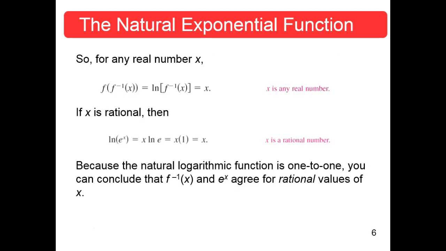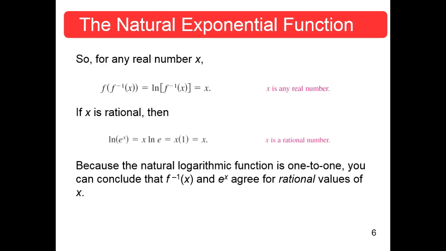So for any real number x, f of f inverse is equal to x. Now f was the log function, so log of f inverse has to equal x. So x is a rational number. Now, here is the most important thing to note here.